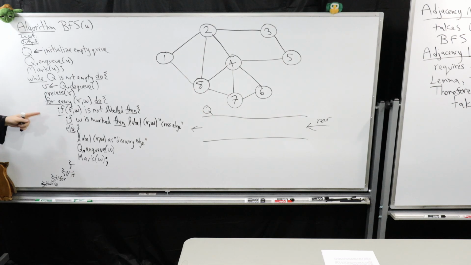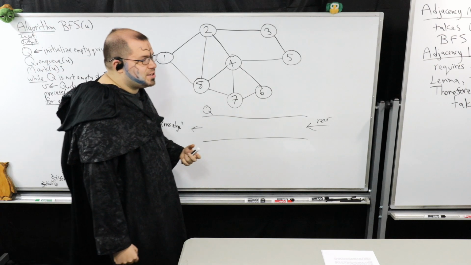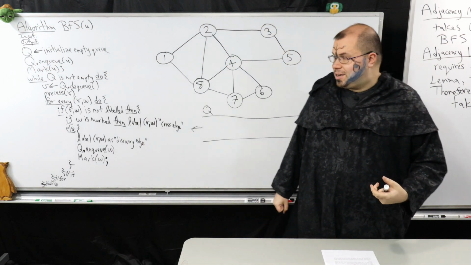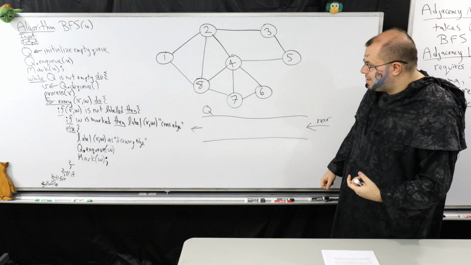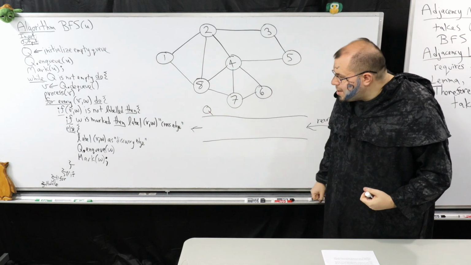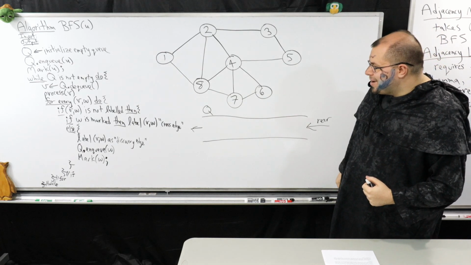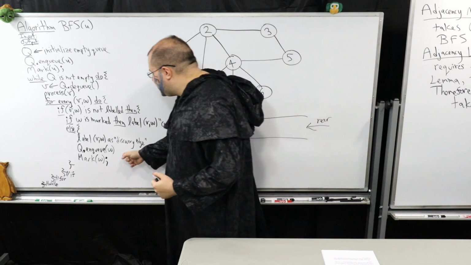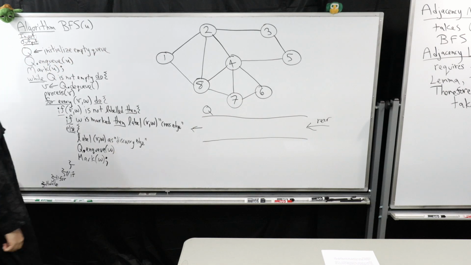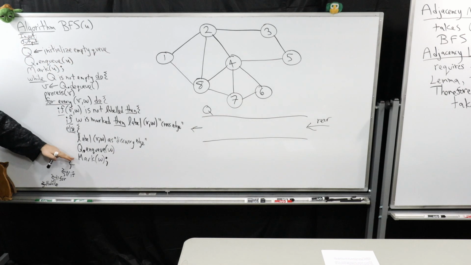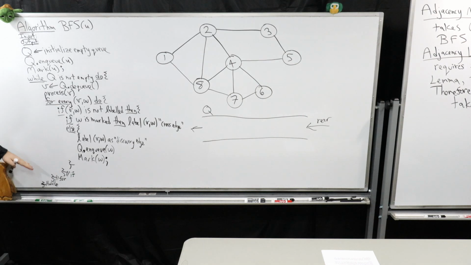The only difference is that if I encounter an already marked vertex, I'm going to call it a cross edge as opposed to a back edge. There's a reason why I call it this. Otherwise, I label the edge as a discovery edge, and then we enqueue the other endpoint, the one I've just found, making sure I mark it before I proceed to another iteration.